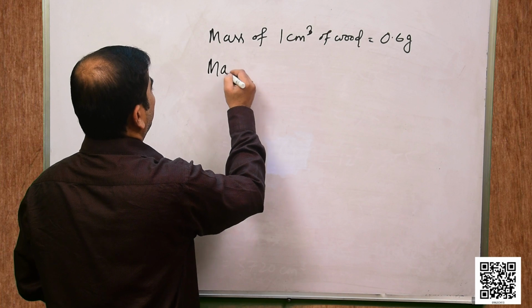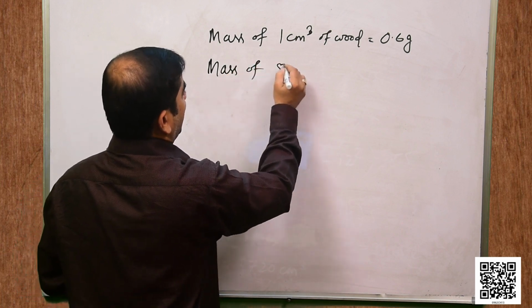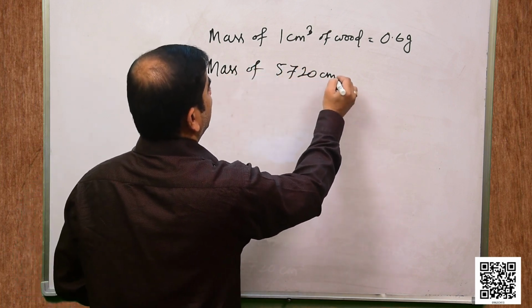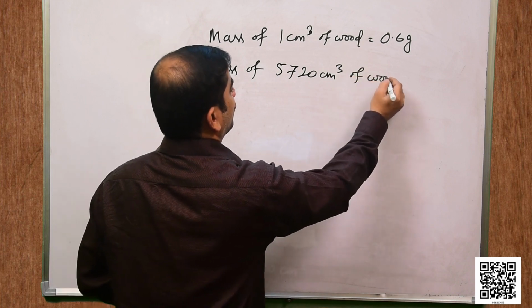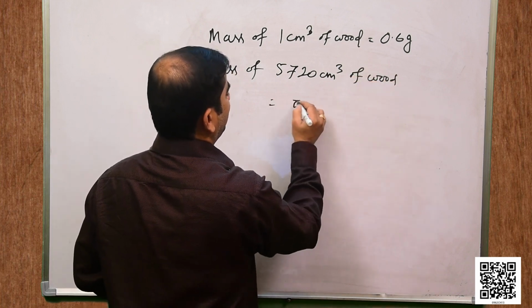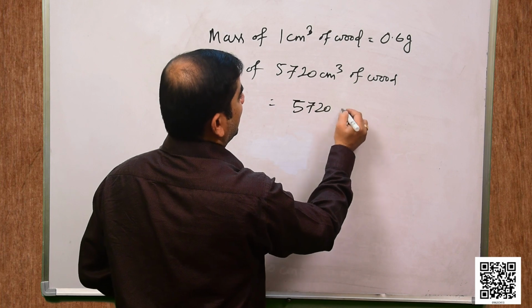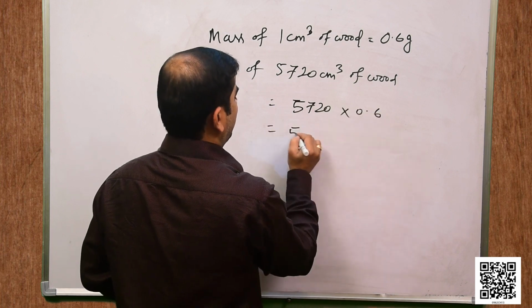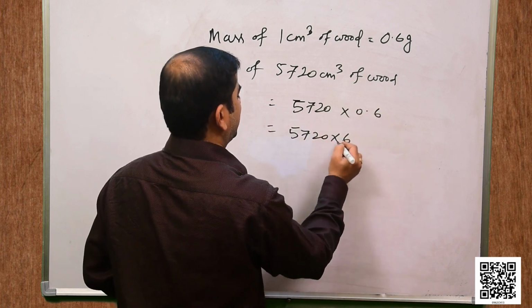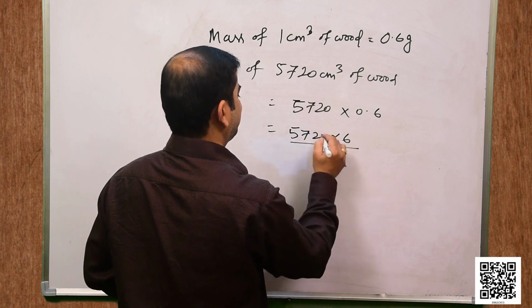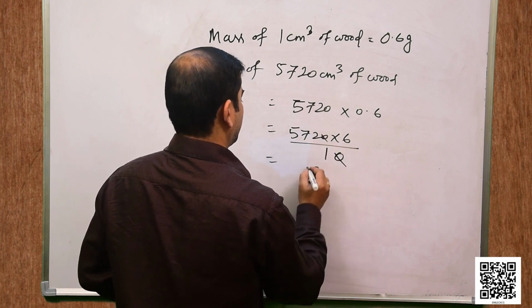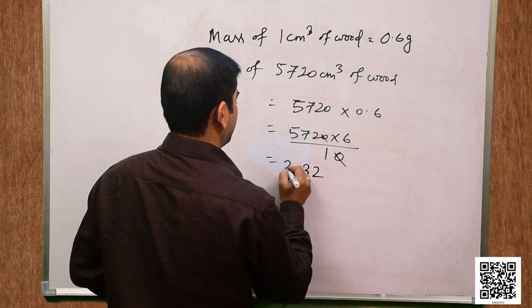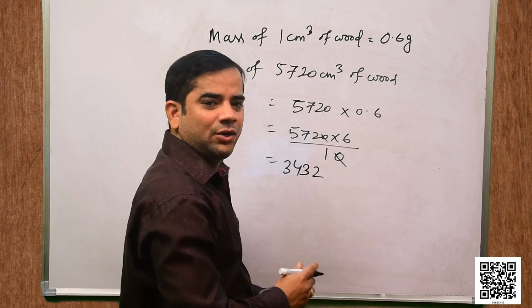So mass of 5720 centimeter cube of wood is equal to 5720 into 0.6, that is 5720 into 6 by 10, which is 3432 gram.